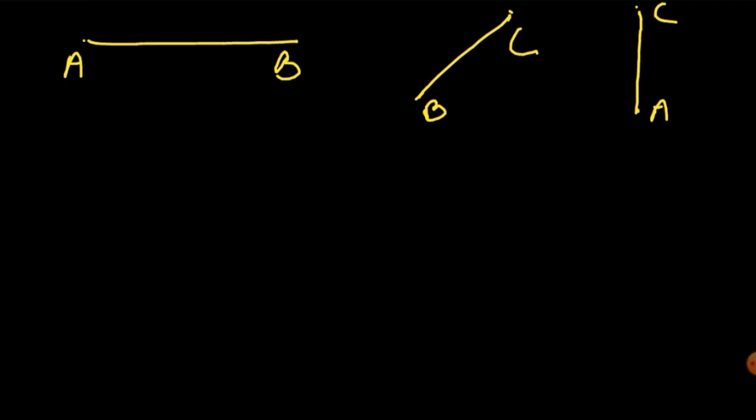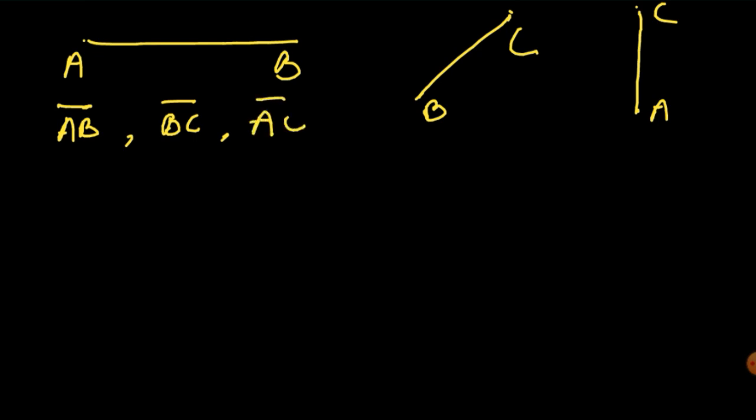For example, this is straight line AB. Now one more straight line, this is BC. Okay, this is also AC. So all these are line segments. How we denote these line segments? All these line segments are denoted by this symbol: line segment AB, line segment BC and line segment AC.